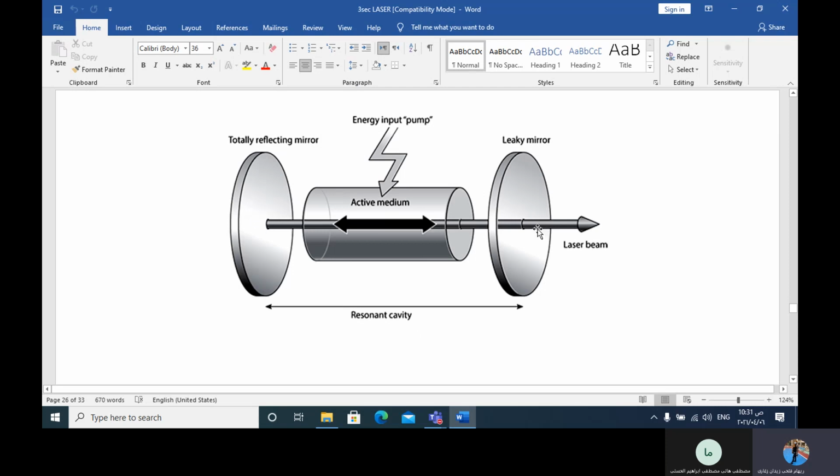But some escape from the other mirror, and these escaped photons form the laser beam. So again, component one is the active medium. Component two is the source of energy, which will be provided. And number three is the resonant cavity, which mainly contains two mirrors with different reflection coefficients.